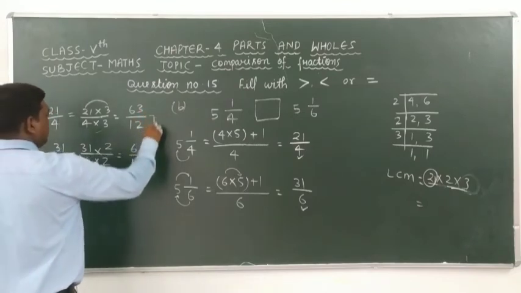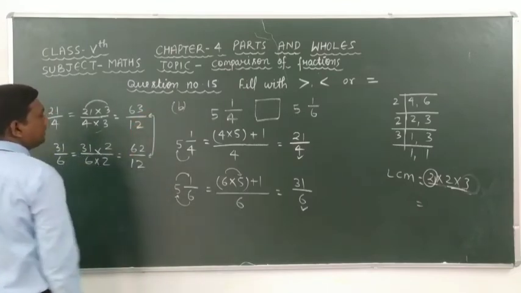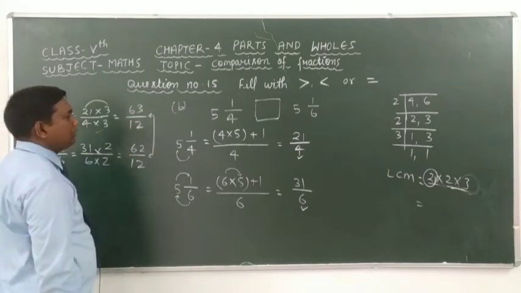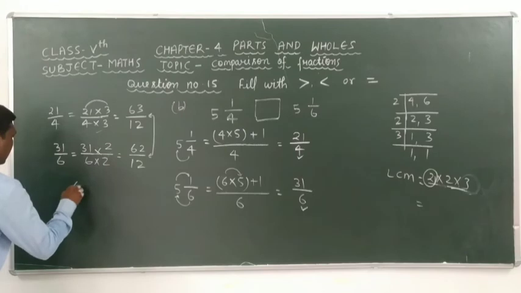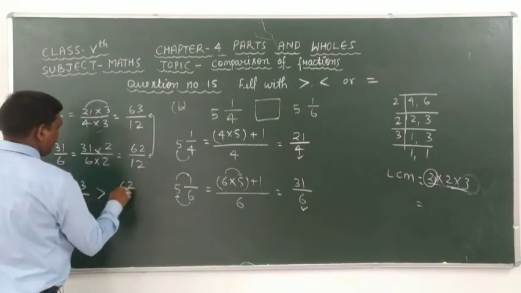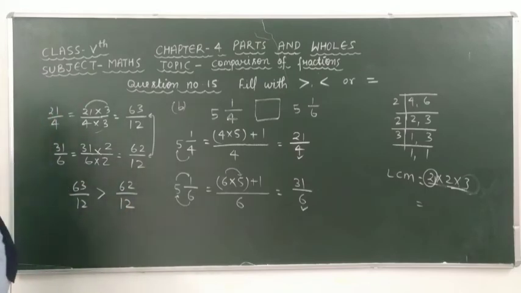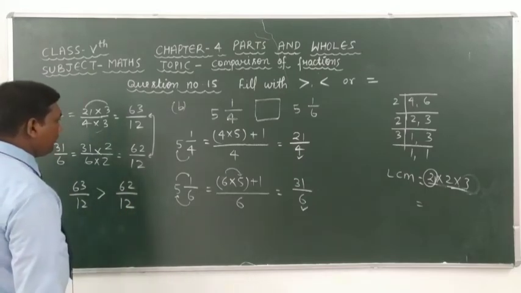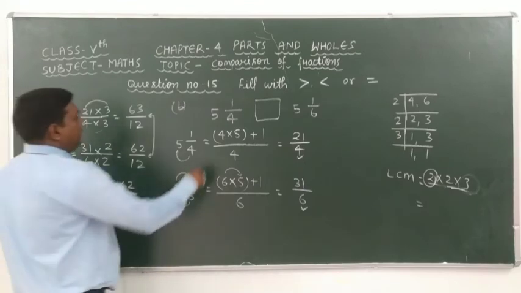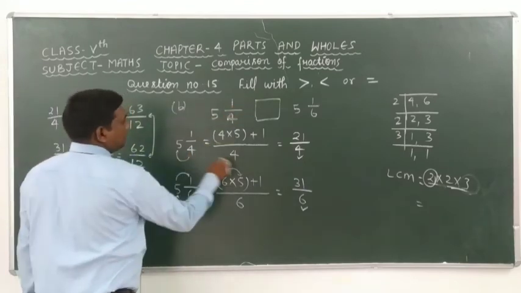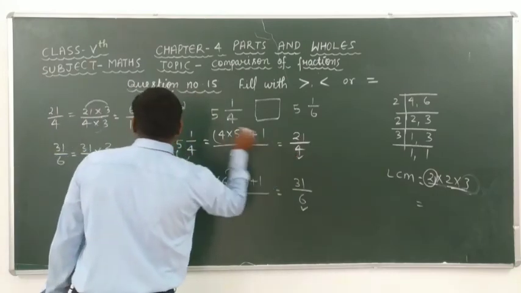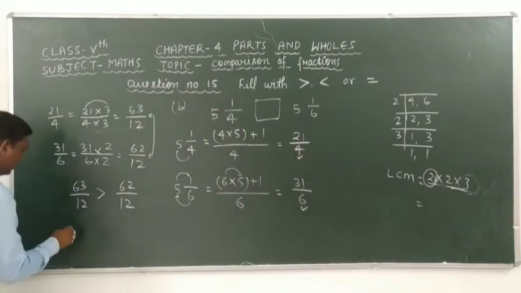Which is greater? Yes, 63 is greater than 62. 63 over 12 is greater than 62 over 12. Okay students? Therefore, we can write 5 mixed 1 over 4 in place of 63 over 12.